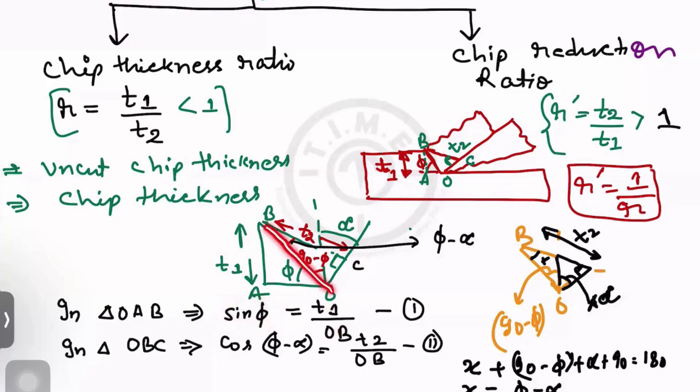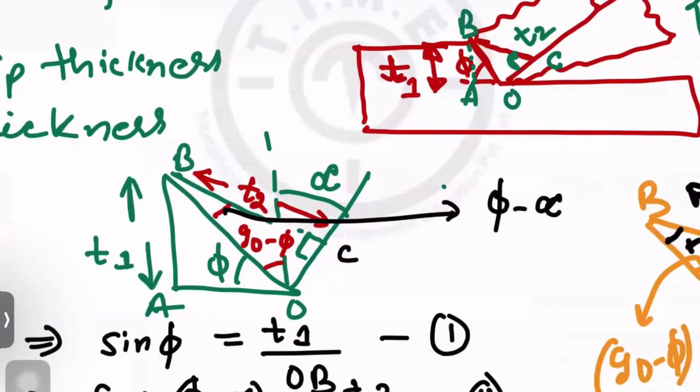Now, if you consider triangle OBC, this is 90 minus phi, this is 90. Can I calculate this angle? If this is 90 minus phi and this is 90, I want to calculate this angle because this angle is alpha. That means the total angle, 90 minus phi plus alpha, and this is 90.